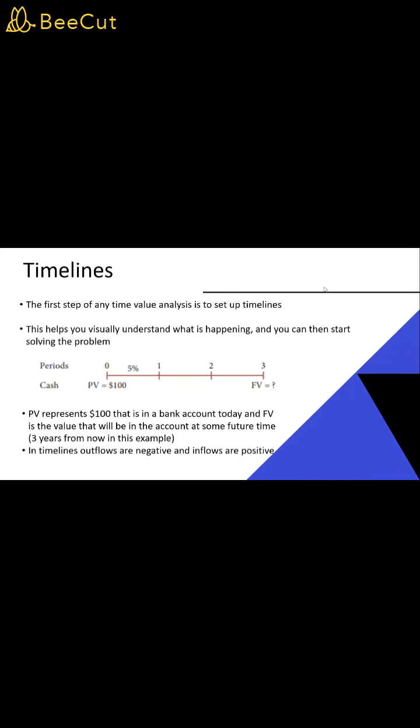One of the main things when you are dealing with the time value of money is to always make something known as a timeline. Here you can see an example of a timeline. This is the first step whenever you're dealing with anything that requires you to discount or compound.